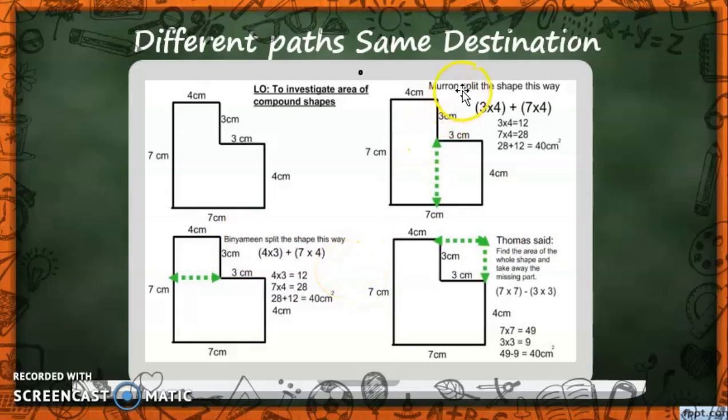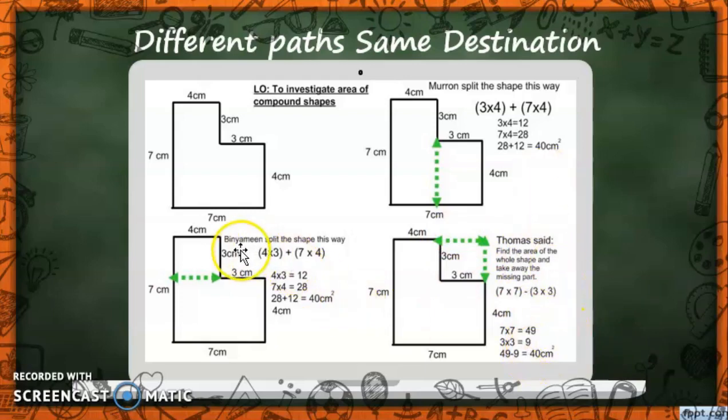Moron split the shape this way, like we did, getting two rectangles, and got 40 centimeters squared. Thomas found the area of the whole shape, then took away the missing part. That's an interesting way to do it, and he got 40 also.